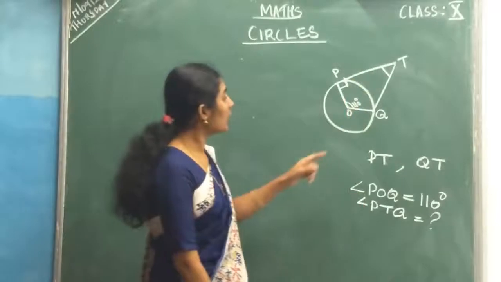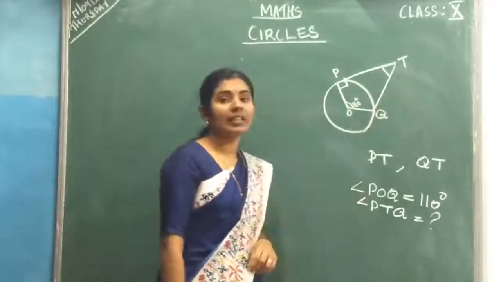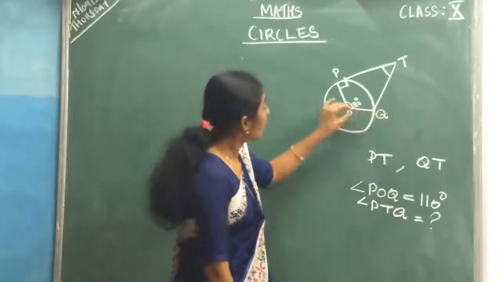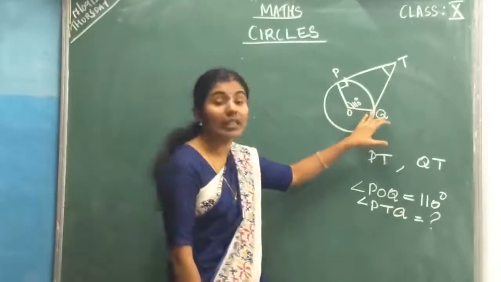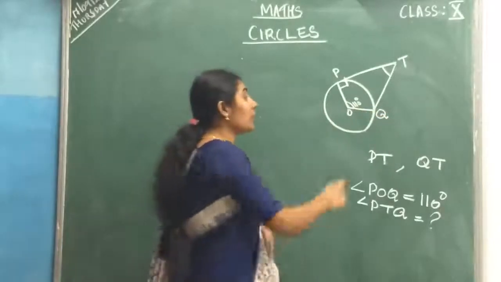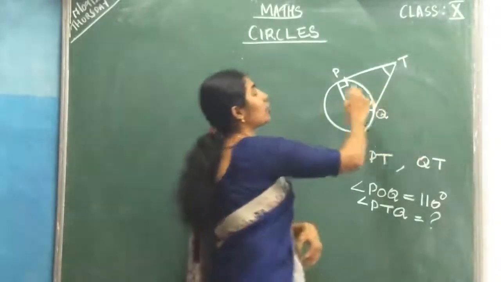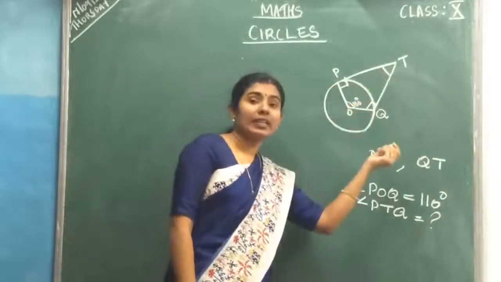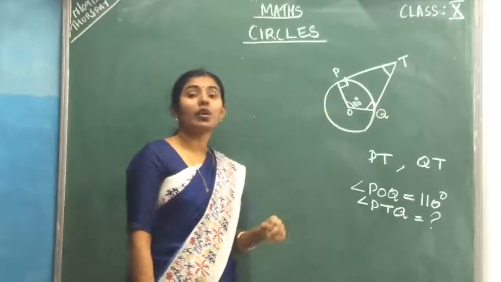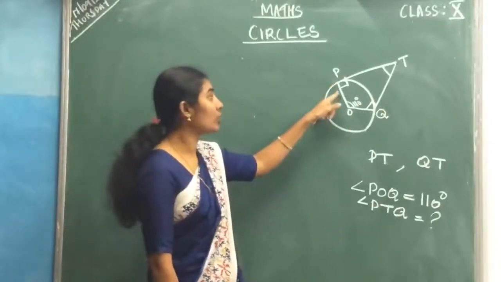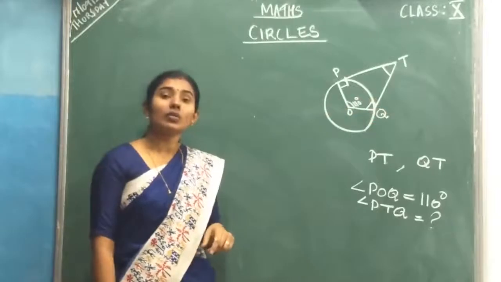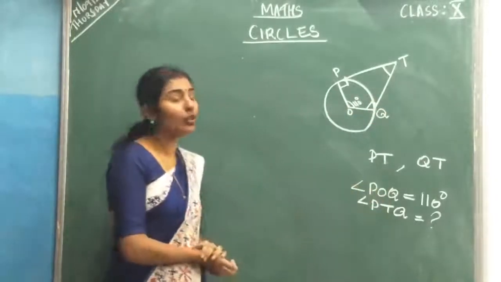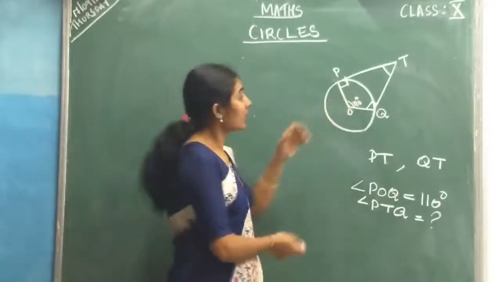Similarly, QT is a tangent and its point of contact is Q. The radius is drawn through this point of contact. So we can say by using the theorem, radius is perpendicular to tangent.